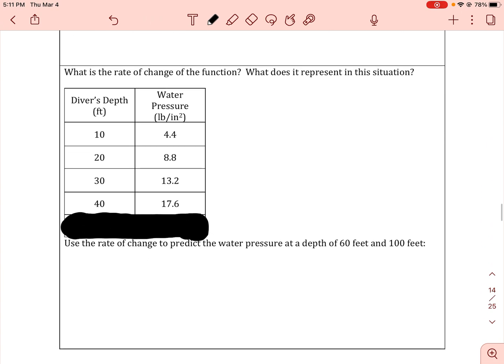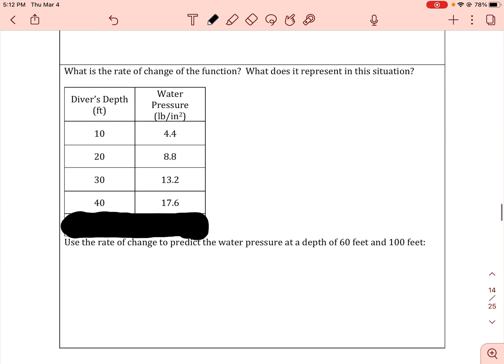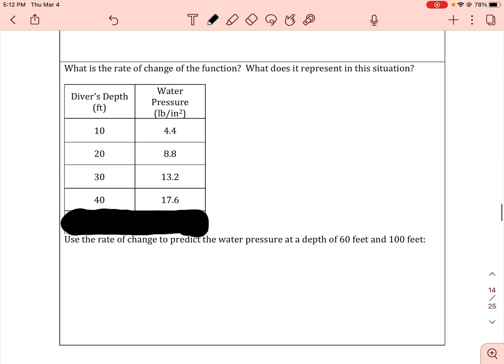So what is the rate of change of this function? We're saying it is linear, so let's find the rate of change. Same thing, each one. Here's plus 4.4. Then I add 4.4 again. Then I add 4.4 again. My x values or my input values, adding 10, adding 10, adding 10 each time.